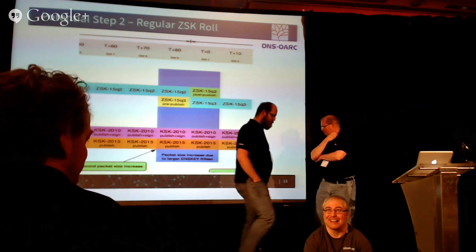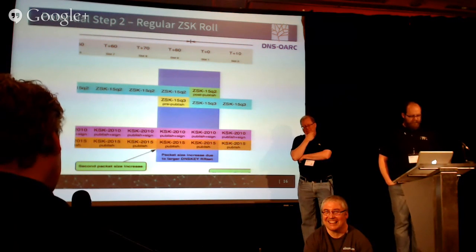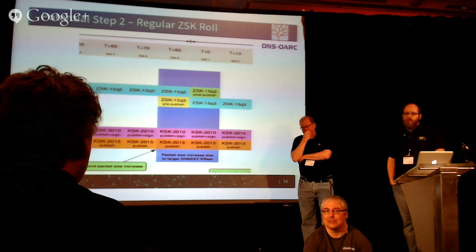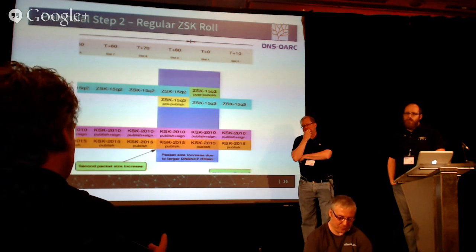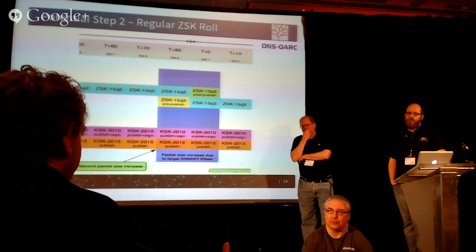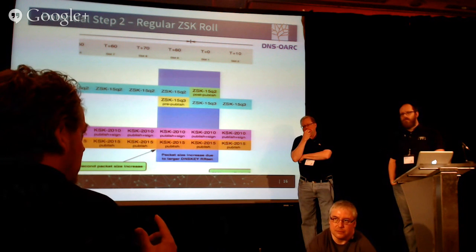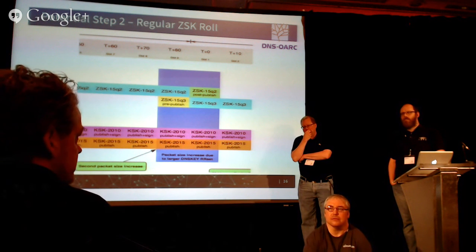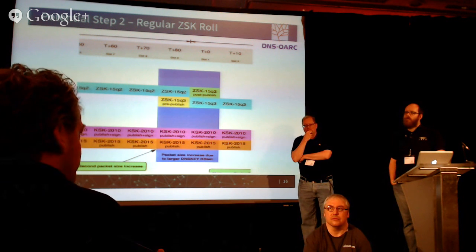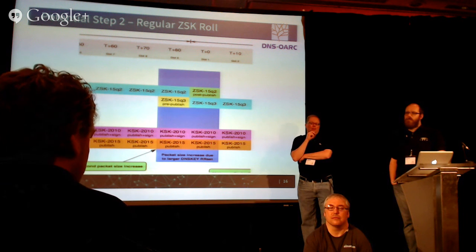Well, that's why I think in theory it should work. But the other thing, Warren and I were just discussing this, is one of these bad ideas: you can actually roll to the same key. In theory, nothing has changed eventually, but you have done the entire roll process. So you can basically fill the pipe and test all the mechanics without actually breaking stuff first.